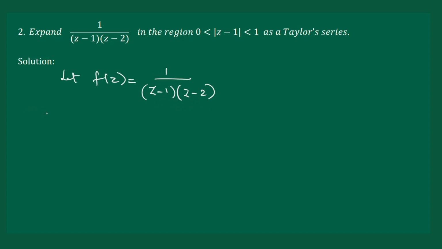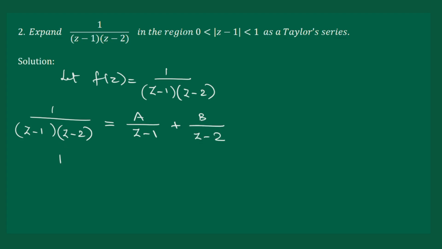So what we can do here is use the binomial expansion. Before using binomial expansion we need to split it into partial fractions. So let us split this function into partial fractions. We can split it like this: a by z minus 1 plus b by z minus 2.